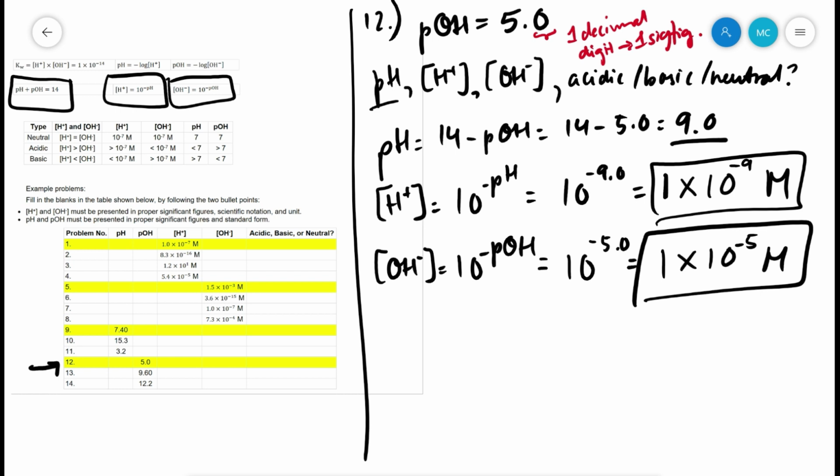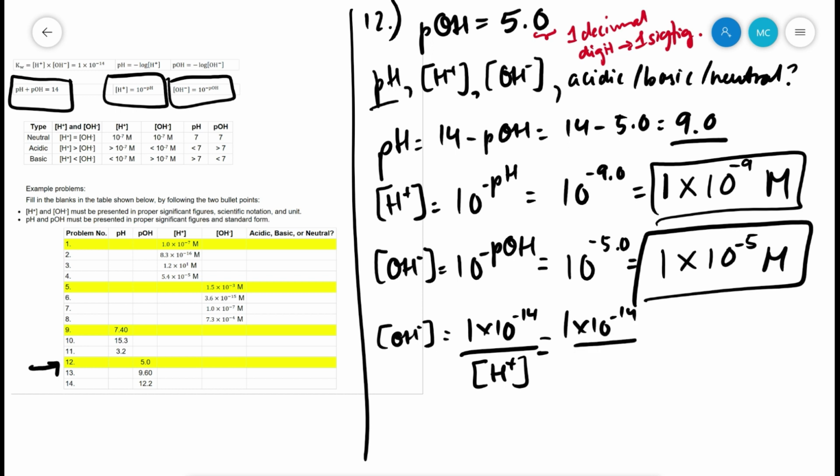Or if you want to use the second method, which is 1 times 10 to the power of negative 14 divided by the H plus, this also works. Divided by 1 times 10 to the negative 9, you should get 1 times 10 to the negative 5 molar. Okay, either or, it's the same.